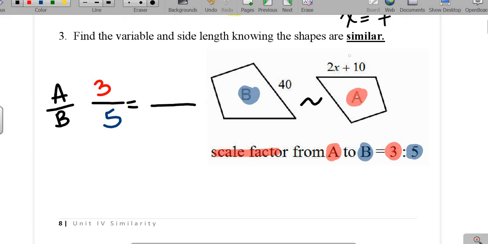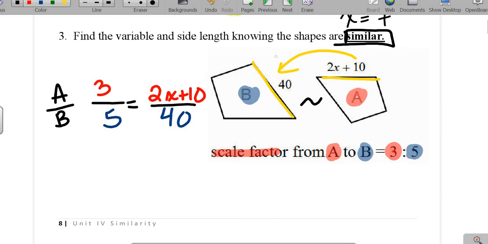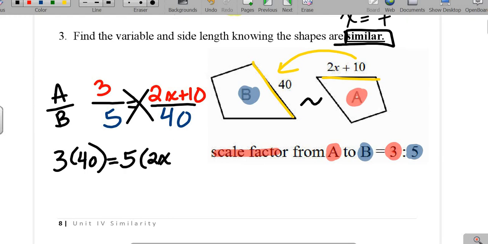And if I want to complete that, I have to match, and I'm being forced to go right to left. Notice the order there. So this is going to be 2x plus 10 over 40. The only reason I can set up a proportion is I'm told we're similar to begin with. Cross multiply. So I get 3 times 40 equals 5 times 2x plus 10.